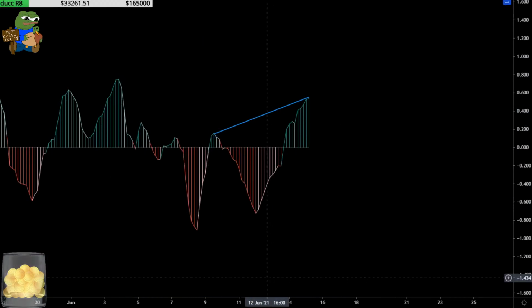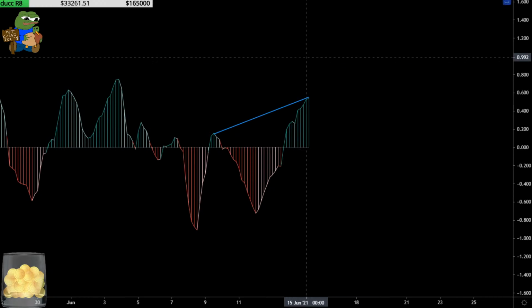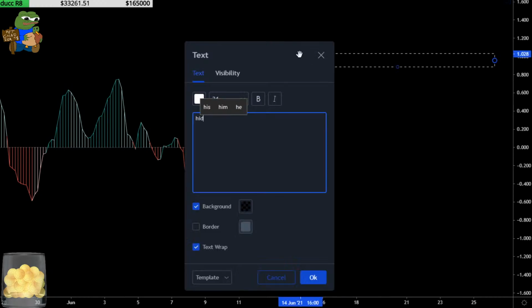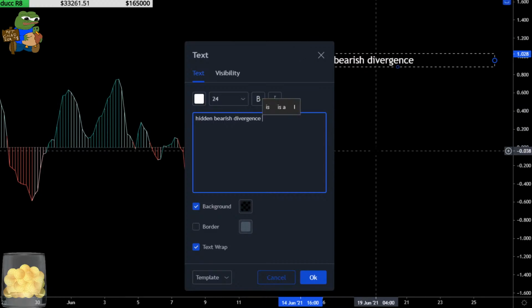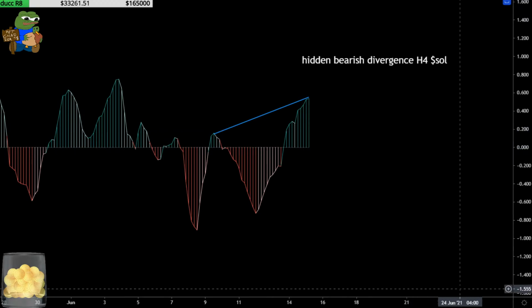So hidden bearish divergence on the 4-hour. Hidden bearish divergence, H4, SOL. You heard it here first.